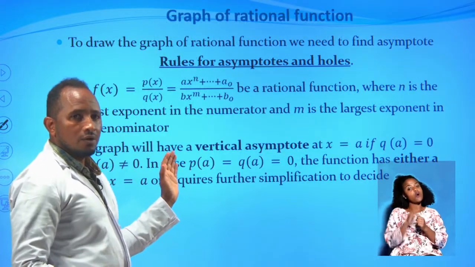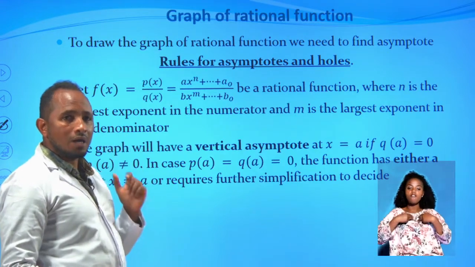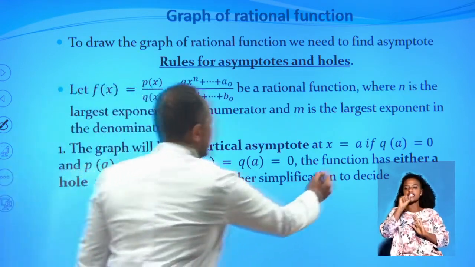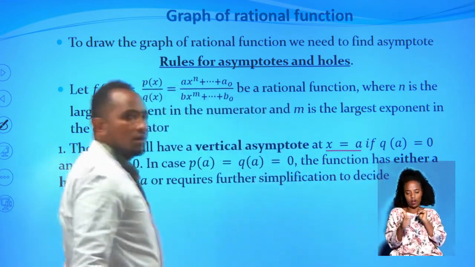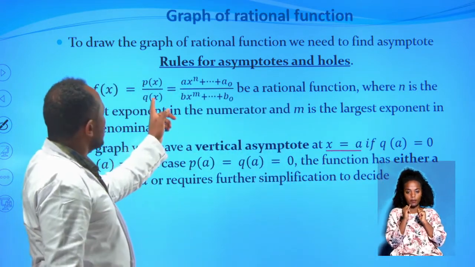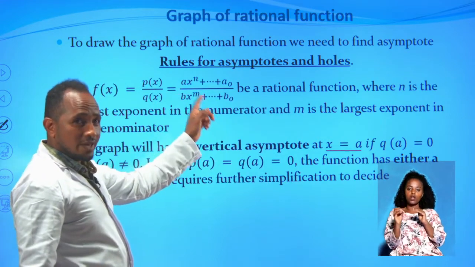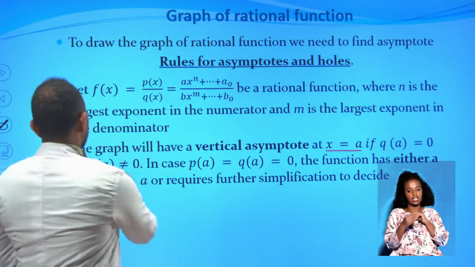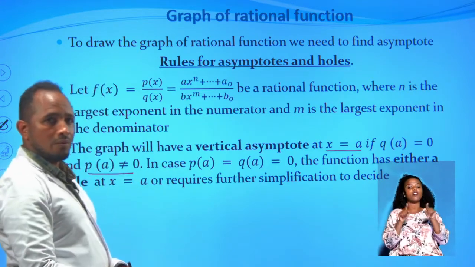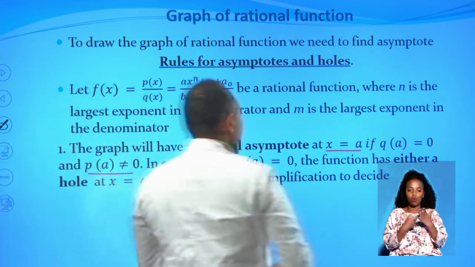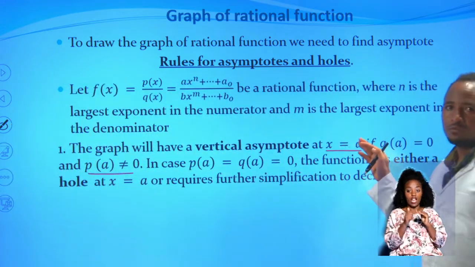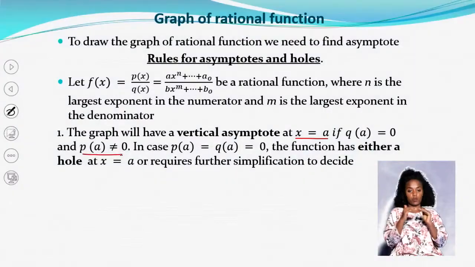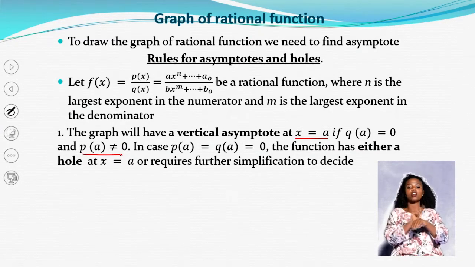So the graph will have a vertical asymptote at x equals a if q of a is 0, or it is a value of x that makes the denominator 0 and the numerator different from 0. So x equals a will be a vertical asymptote if this x equals a makes the denominator 0 and the numerator different from 0.